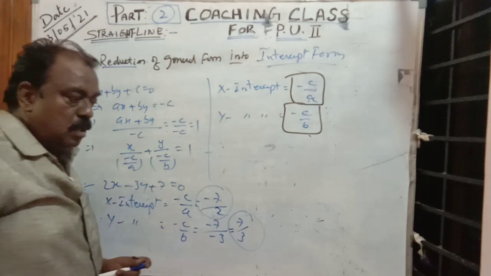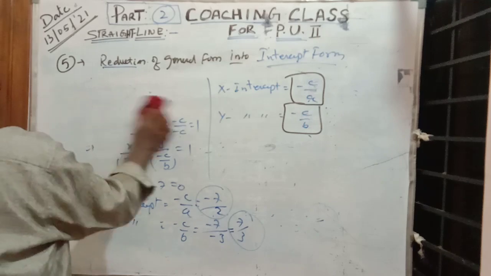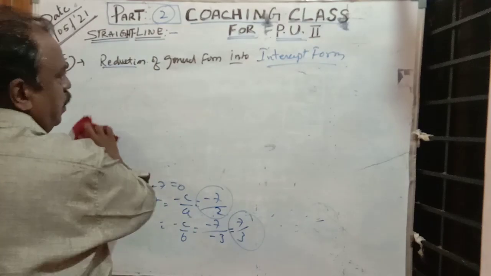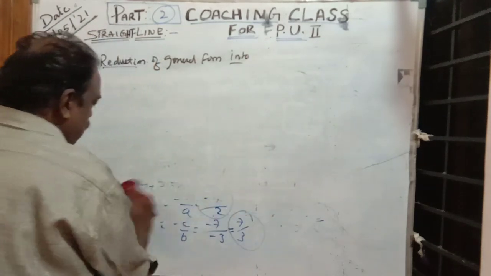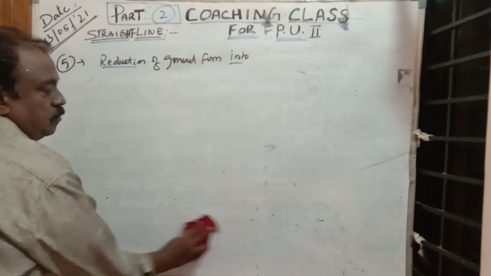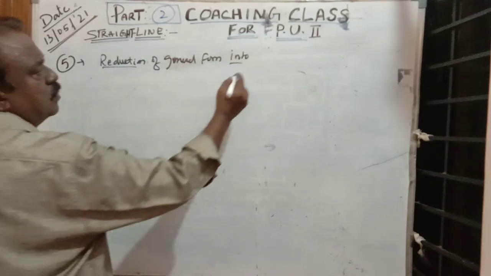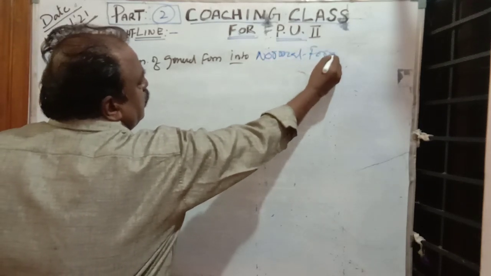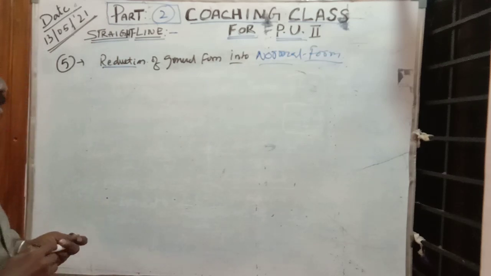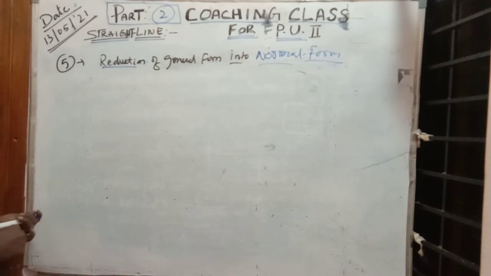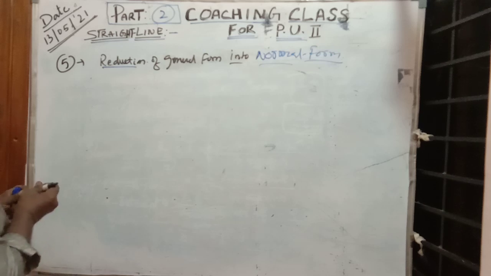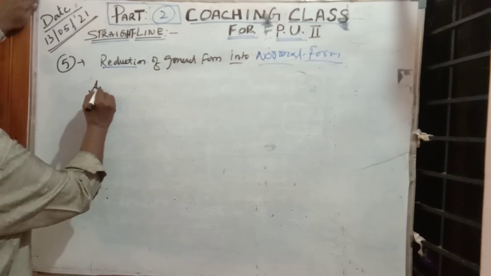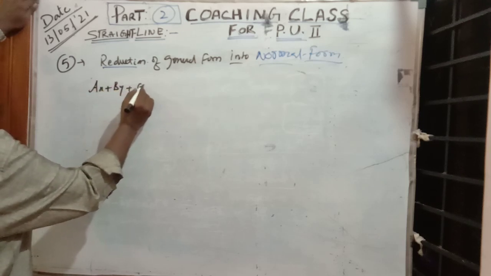Now I'll go to the reduction of general form into normal form. It is a fantastic concept. Learn it well. You see, the general form is ax plus by plus c is equal to 0.